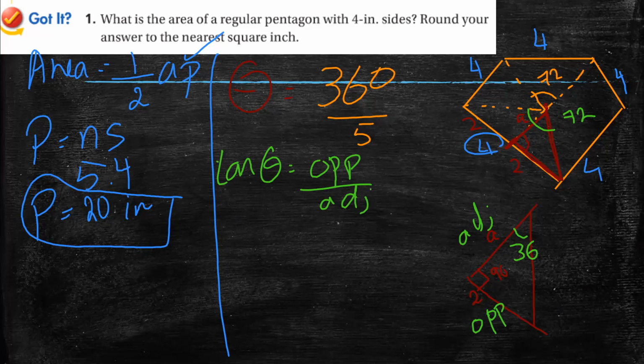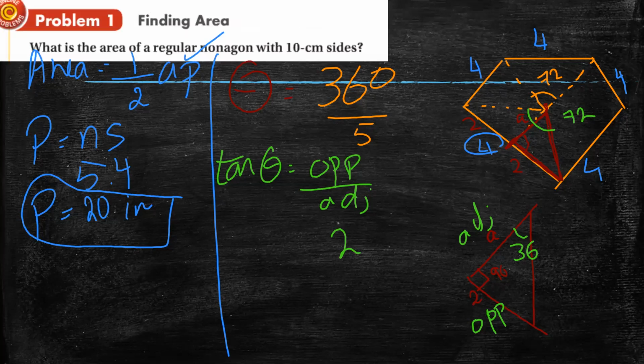What is the opposite here? It is 2. The opposite here is 2. The adjacent here is A.